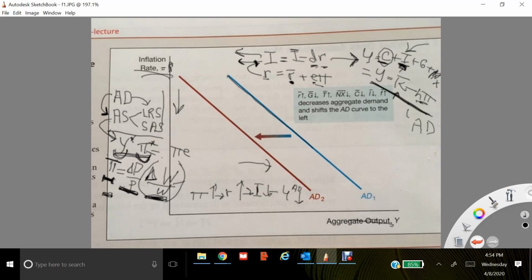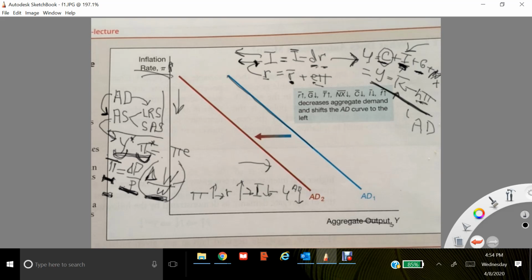So investment might be a certain constant amount that doesn't depend on interest rates. Government spending doesn't depend on interest rates or inflation in general. Real government spending.